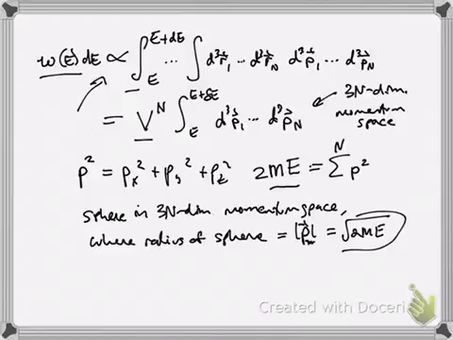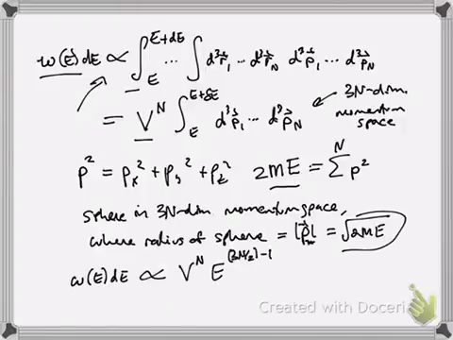So what we find here is that little omega of E dE has to be proportional in some way to volume to the n, energy to the 3n over 2 minus 1, right?